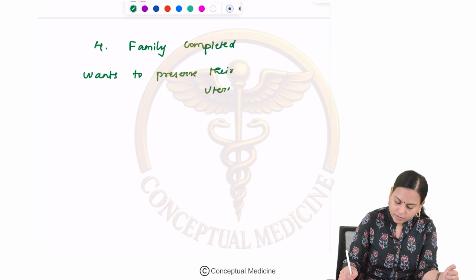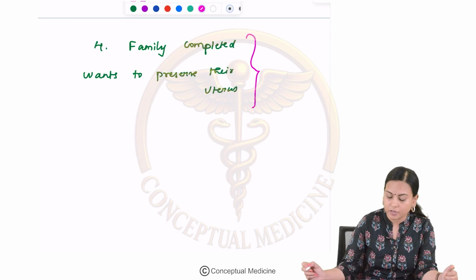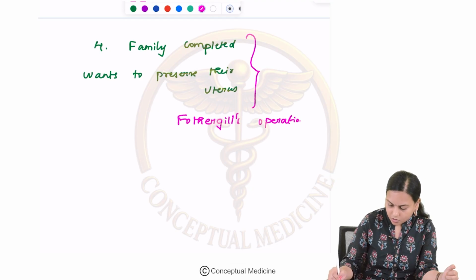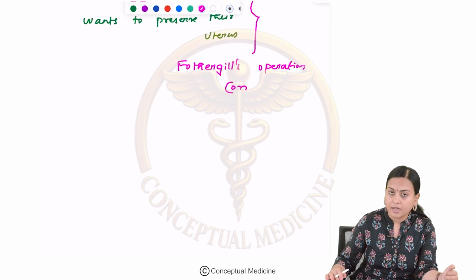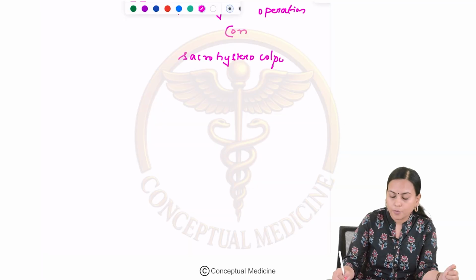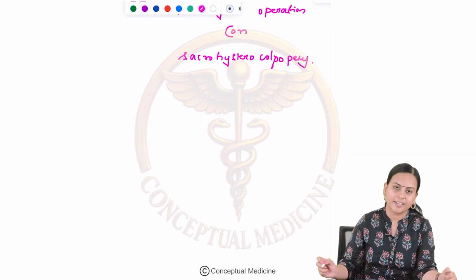In that case, we will be offering them a surgery called Fothergill's operation, or we can offer them sacrohysterocolpopexy. Clear?